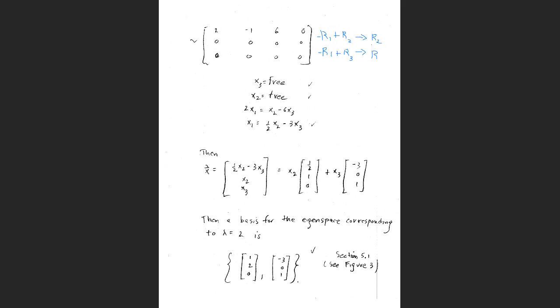And then this gives me this matrix for which x3 and x2 are free. Then the top row here would be, sorry, I'm going to try to slow down a little bit here.